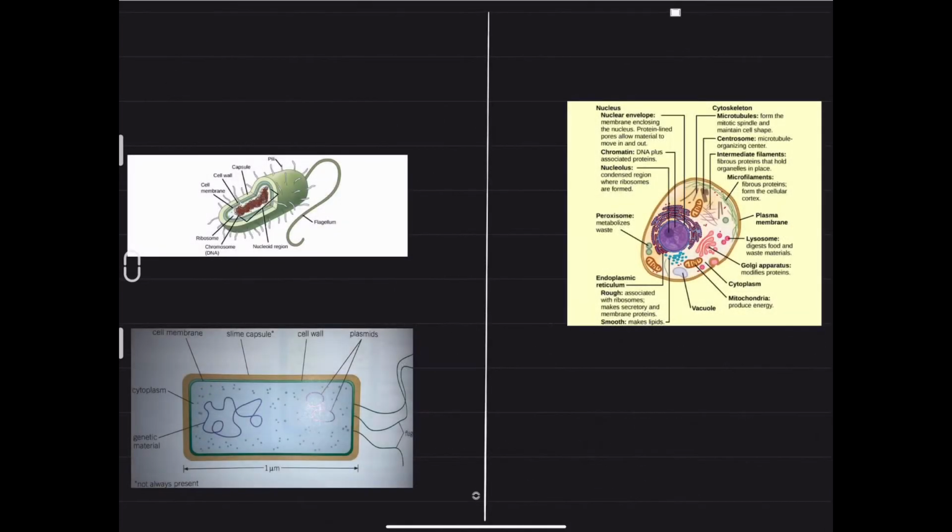So here you can see a eukaryotic cell side by side with two types of prokaryotic cells. Now I have given you two images for the prokaryotic cell to emphasize a point about the flagella, the singular being flagellum.